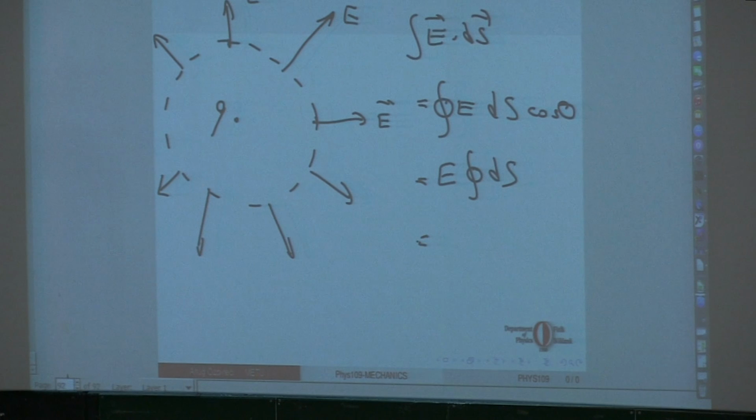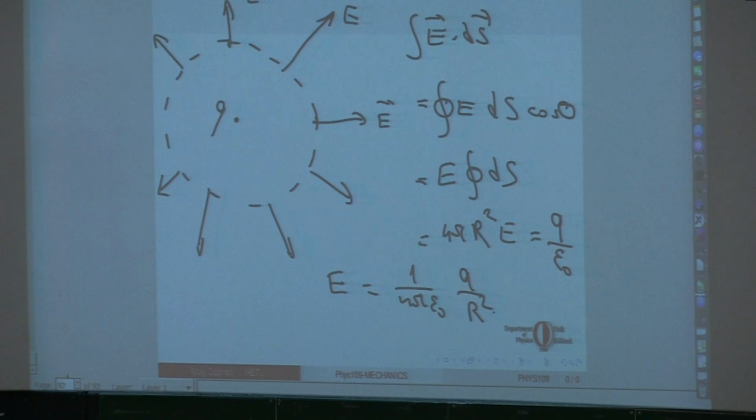But the integral of dS is nothing but the total surface area of my sphere. And from Gauss's law, I know that this has to be equal to Q over epsilon 0. Or the magnitude of the electric field has to be 1 over 4 pi epsilon 0 Q over r squared. We already know the direction. The electric field vector is E in the radial direction, Q over r squared in the r hat direction.